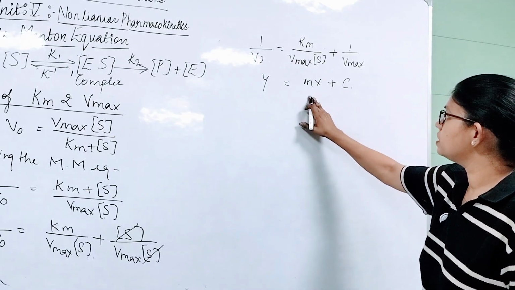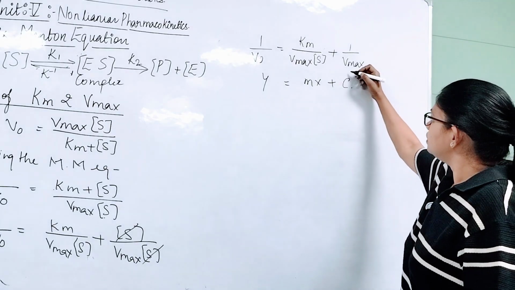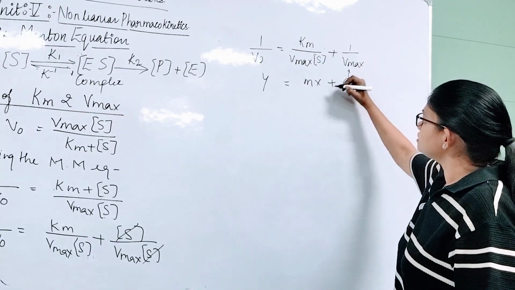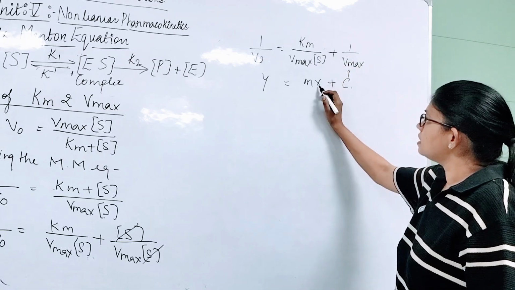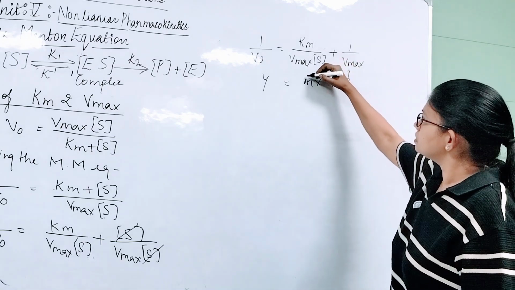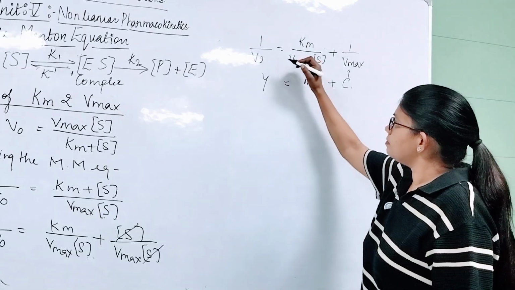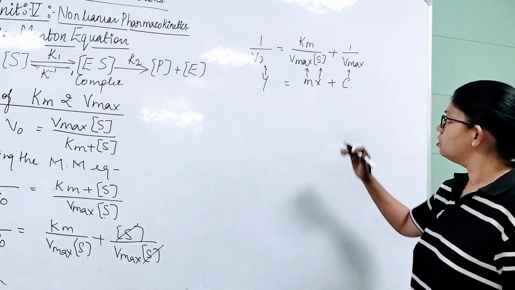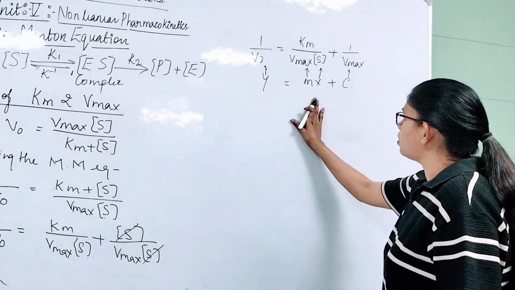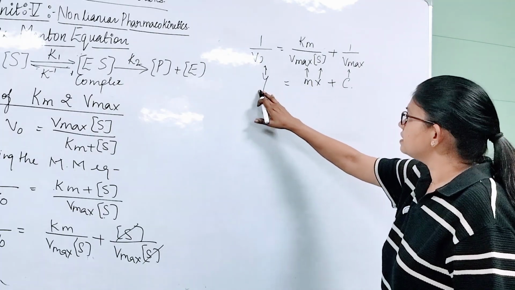So from this equation we plot the curve, and the c will be equal to this, and m is the slope, x is this, this is the m, and this will be the y. So we will plot the curve between y axis and x axis.